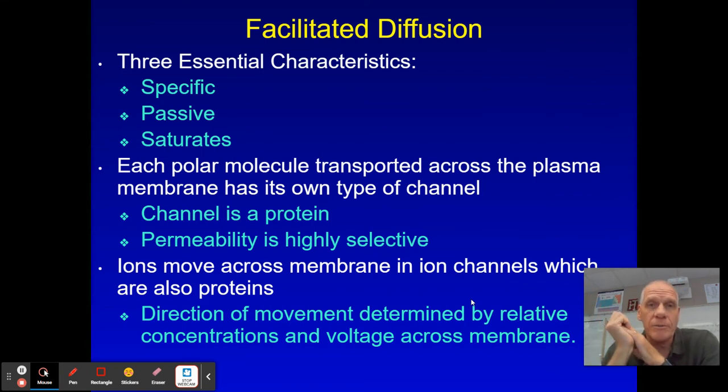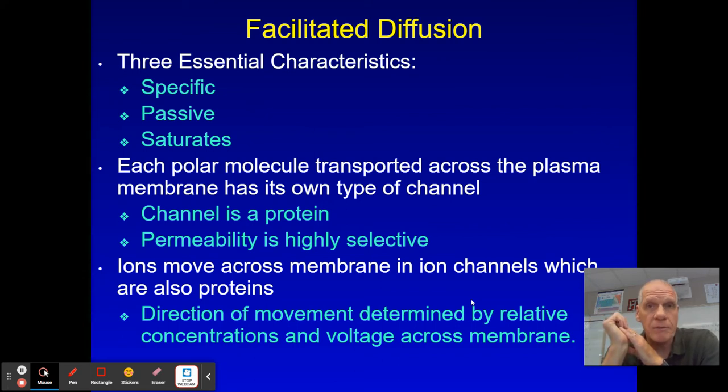Those are all types of molecules that cannot simply diffuse across the cell membrane. They must use a transport protein. Okay, but similar to simple diffusion, facilitated diffusion does not require energy. It is a form of passive transport. It's always going to go down the concentration gradient from an area of high concentration to an area of low concentration. And there are three essential characteristics.